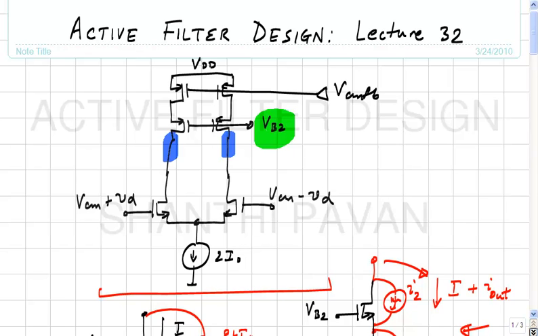Correct? So you want that parasitic capacitance to be as small as possible. We have seen why it makes sense to choose an even number of fingers. Even after you choose an even number of fingers, there are two possibilities. You can choose the outer islands as the drain or the inner islands as the drain. Which makes sense here?